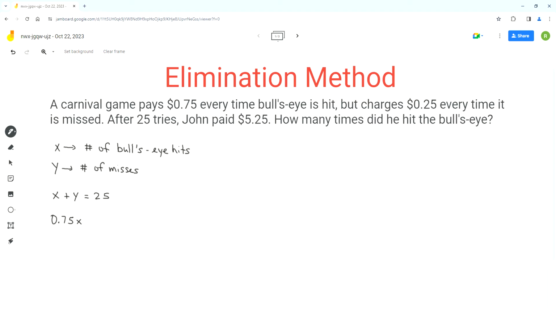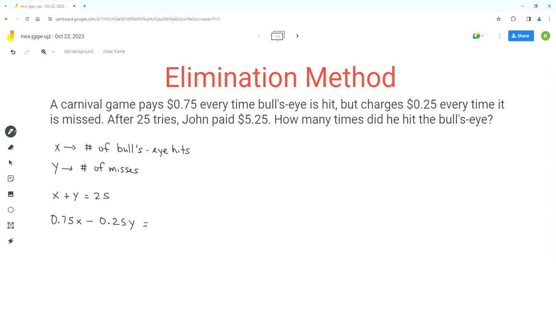But then the player has to pay $0.25 every time the bullseye is missed, and we assume that there were y number of misses, so the player will lose money, so we'll have to subtract 0.25y, and the total of these transactions should be equal to the amount that John had to pay.